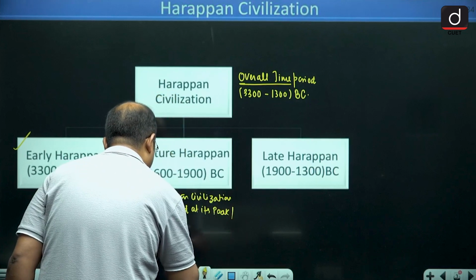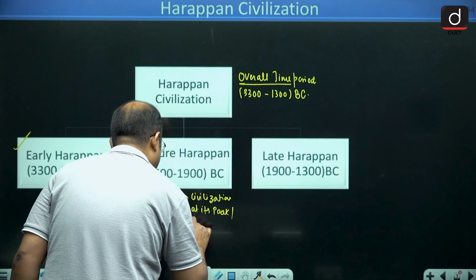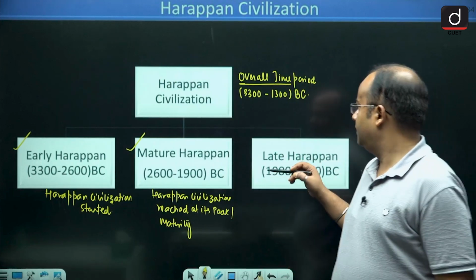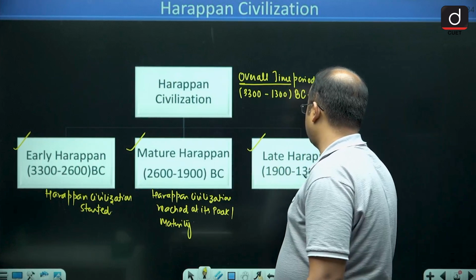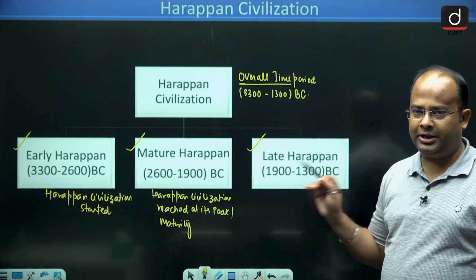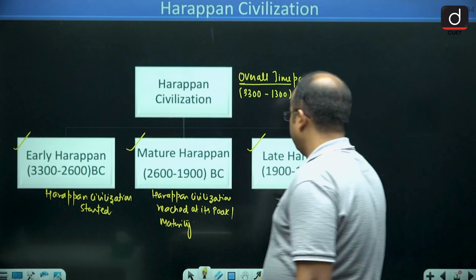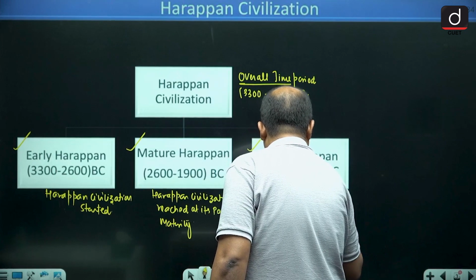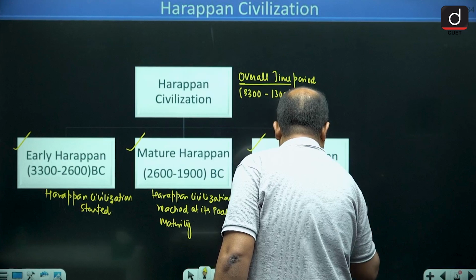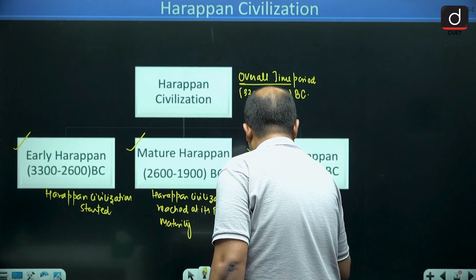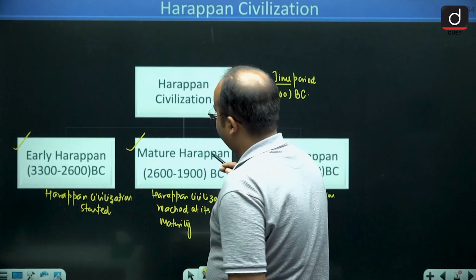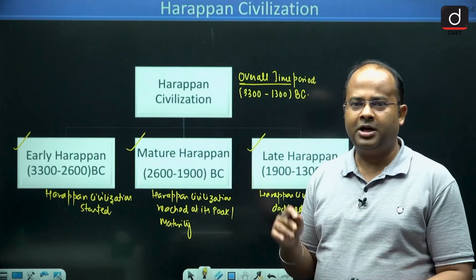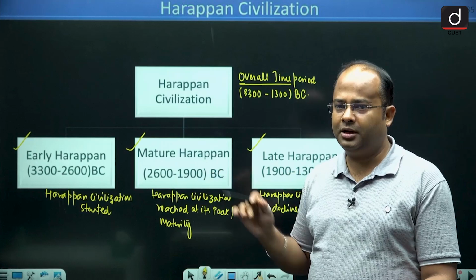This period is called mature Harappan. The third is late Harappan, which starts from 1900 to 1300 BC, and this is the period when the Harappan civilization declined. Every civilization, not only Harappa, goes through these same three phases: the early phase, mature phase and later phase.